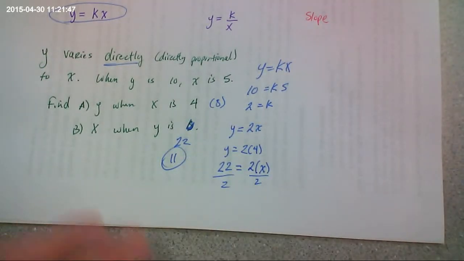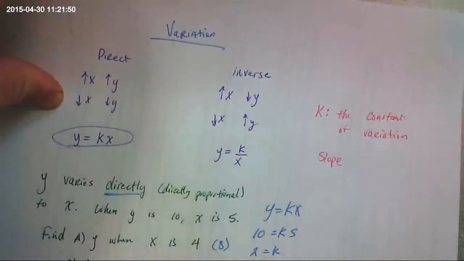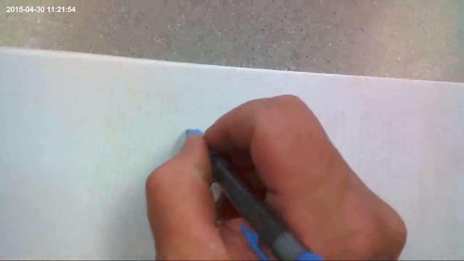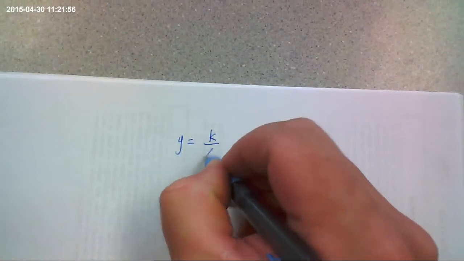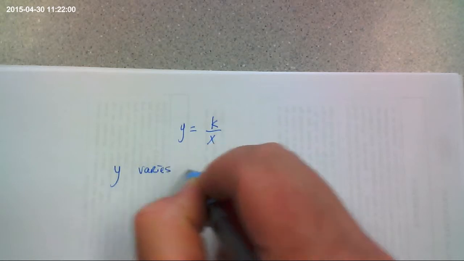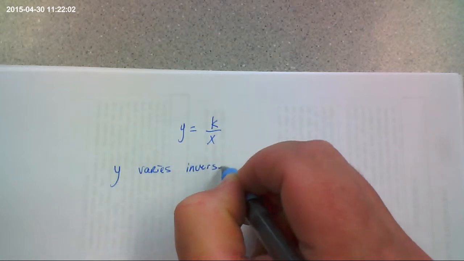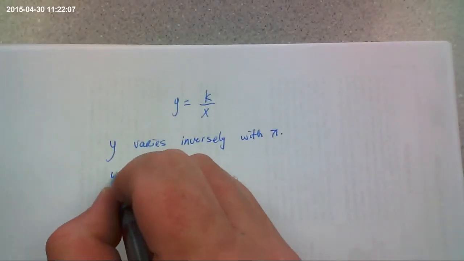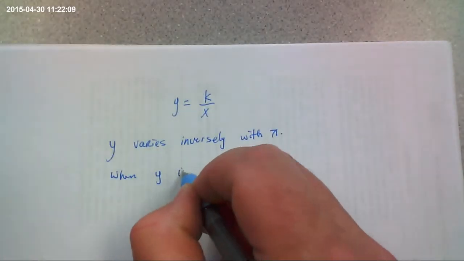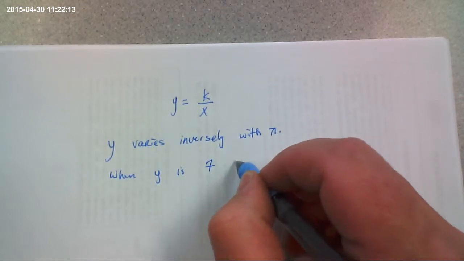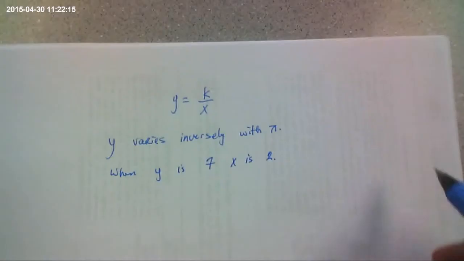Okay, now the other one is a little bit trickier, inverse. Okay, so here's our formula for inverse. So it'll say y varies inversely with x, and maybe when y is 7, x is 2.